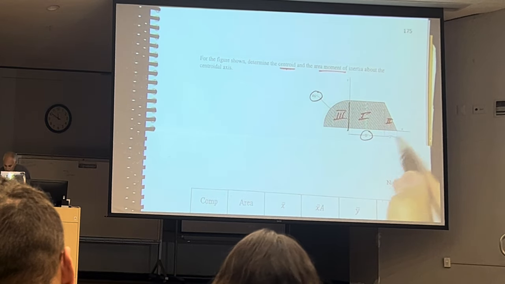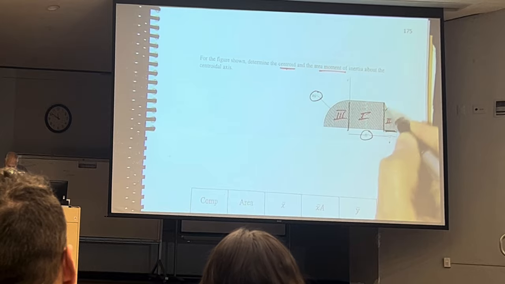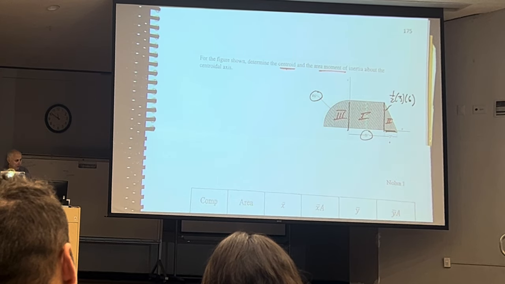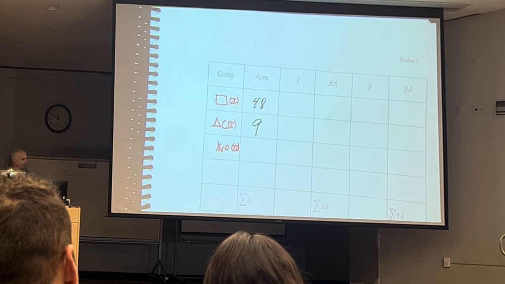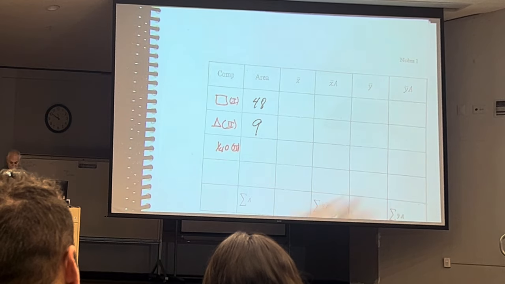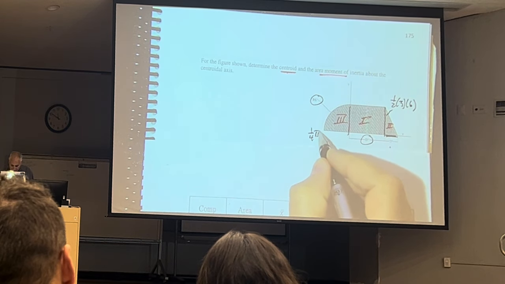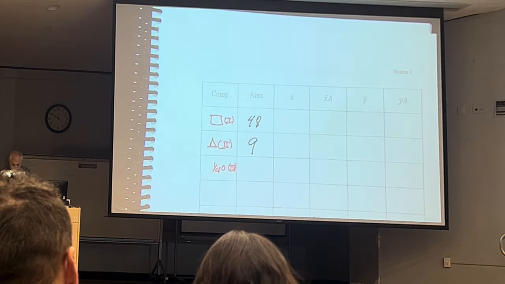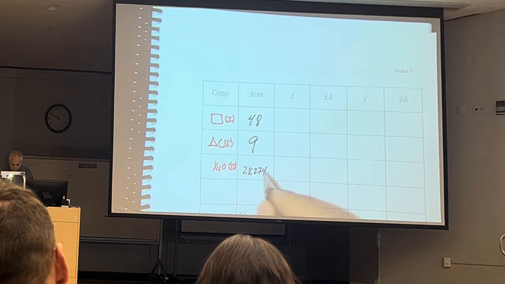Triangle. Half of 3 and a height of 6. So this is 1/2 times 3 times height 6. Well, I don't need a calculator for that either. Quarter circle. This is going to be 1/4 pi times 6 quantity squared. That's going to give me 28.274.